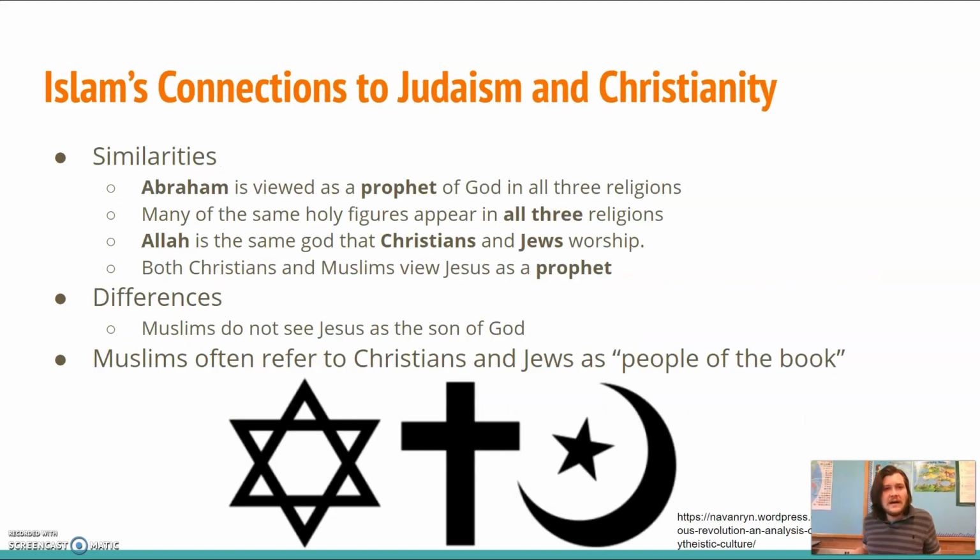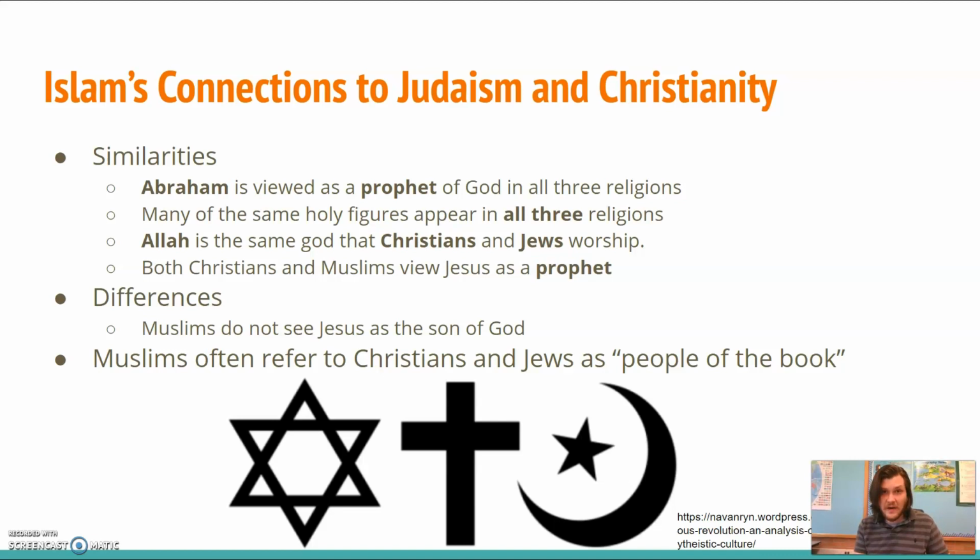Now, even though Islam might seem kind of different to a lot of us, there are some strong connections to Judaism and Christianity because all three of them are monotheistic religions from the Middle East. So let's start with the similarities. Abraham is viewed as a prophet of God in all three religions. Many of the same holy figures appear in all three of those religions. Allah is the same God that Christians and Jews worship.